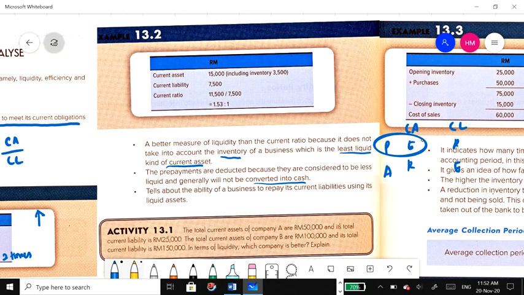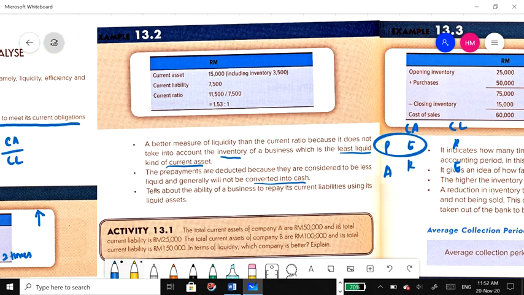Contoh prepaid expenses you ialah rental prepaid expense. Kini you bayar awal kan. So kenapa dia cakap kat sini deducted because they are considered to be less liquid and generally will not be converted into cash. You akan dapat balik tak you punya rental tu? Takkan kan? That's why kita terus tolak. So kita memang untuk quick test ni kita memang nak tengok betul-betul cash yang kita ada tu. Cash saja kita tengok.